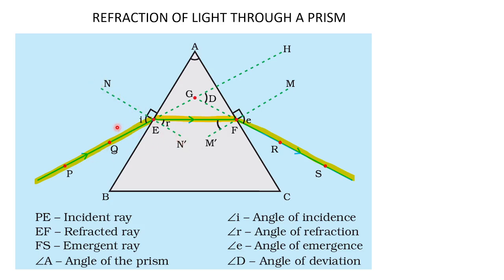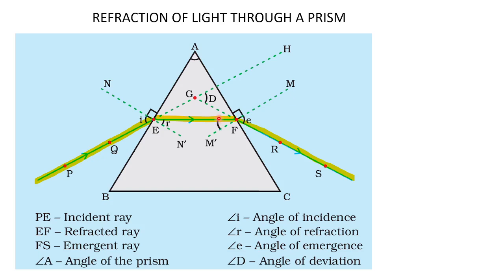The angle between the incident ray and normal is I. I is the angle of incidence. You will never forget it. R is the angle of refraction.